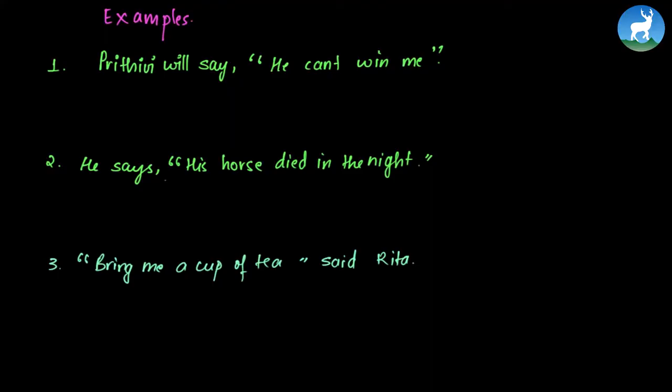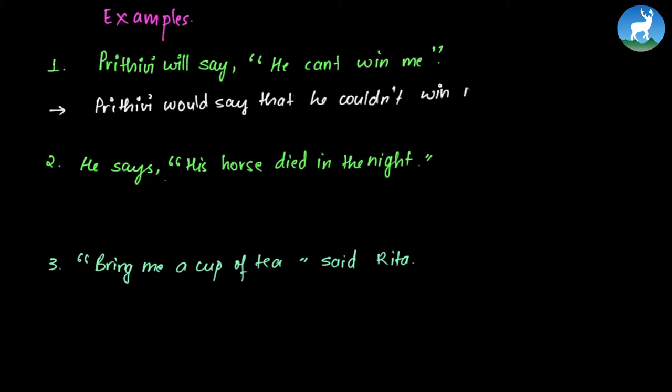Now we will see some more examples. Prithvi will say, he can't win me. The sentence can be changed to indirect form by saying, Prithvi would say that he couldn't win me. He says his horse died in the night.